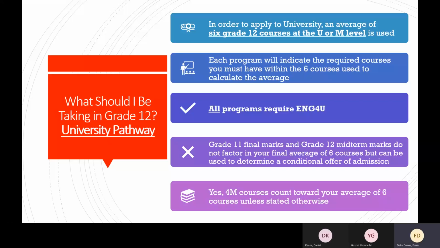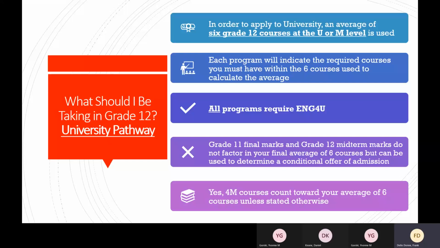Hello, grade 11s. If you are pursuing a university post-secondary pathway, it is important that you know the following information. In order to apply to university, you require an average of 6 grade 12 U or M level courses. How do you know which courses are needed for your average of 6 courses?